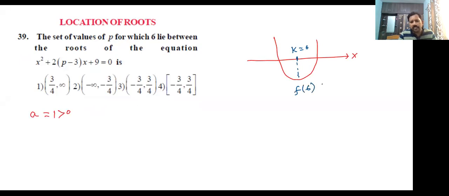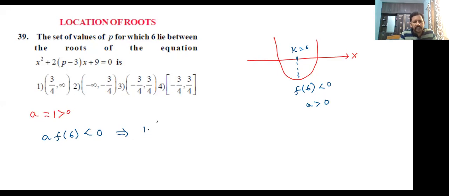Below the x-axis, is this negative or not? And A is positive. So their product, what will come, students? A into f of 6 is less than 0. Okay. Now substitute those values here. A means 1.